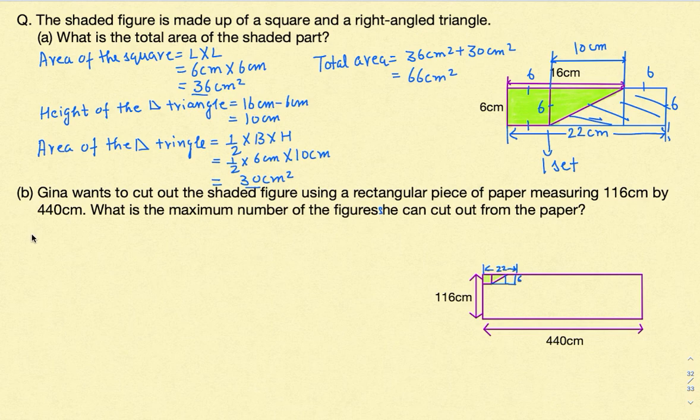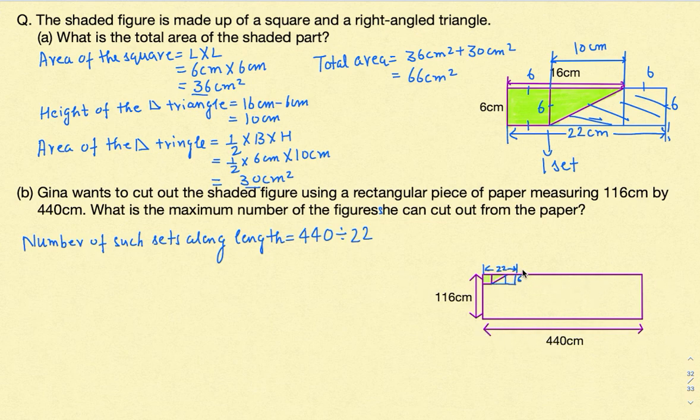The number of such sets along the length of the rectangle will be 440 divided by 22.